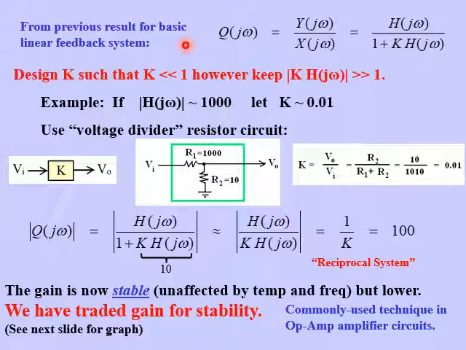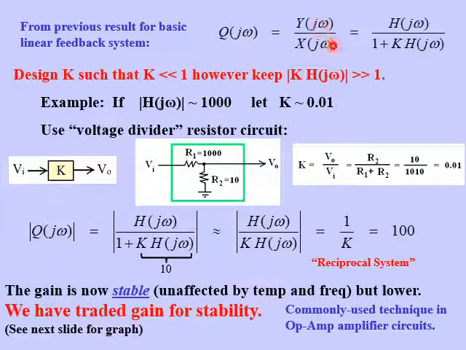So we know from the previous diagram, we have our standard feedback system. And so the overall frequency response is going to be Q of j omega. Notice here we're using frequency response instead of a transfer function, but it's the same function. We're just replacing s with j omega.